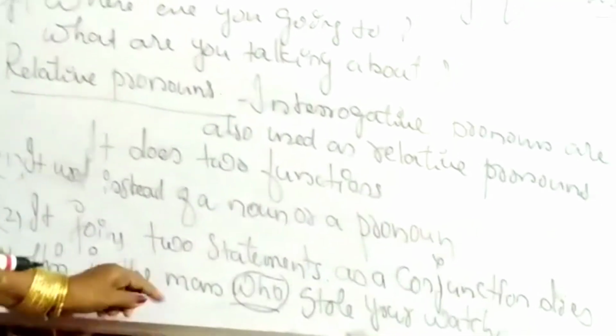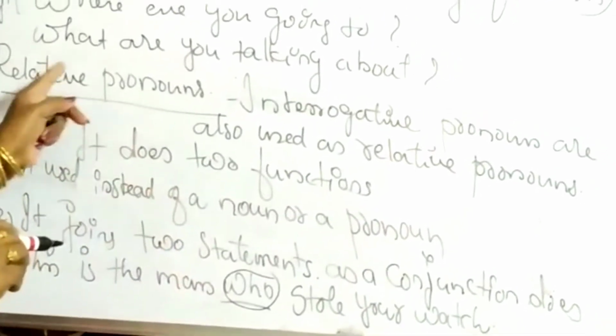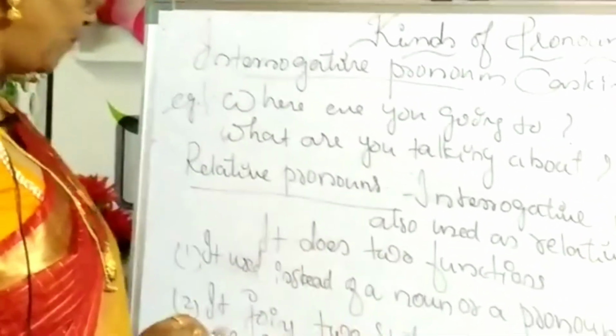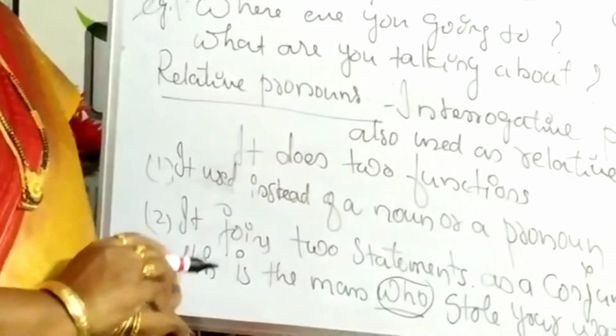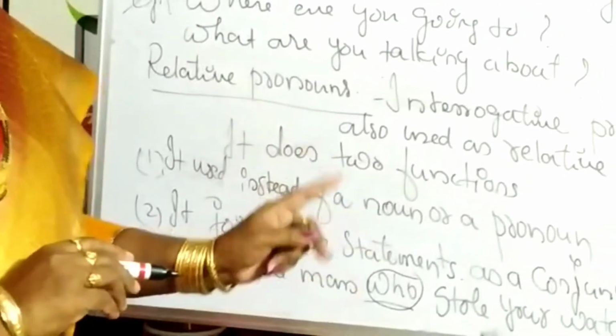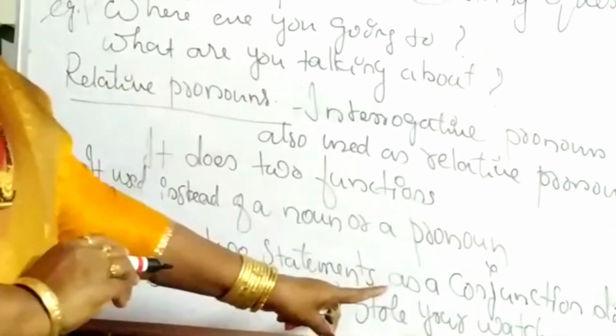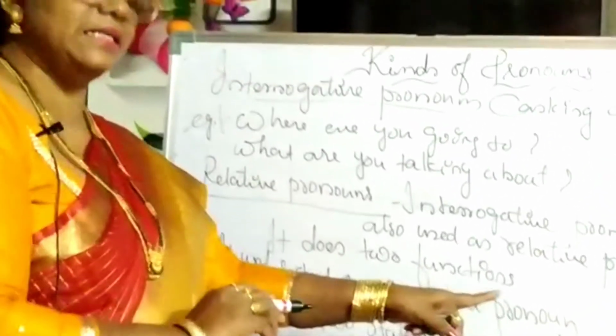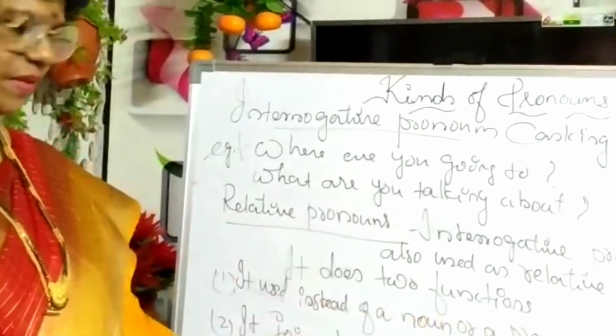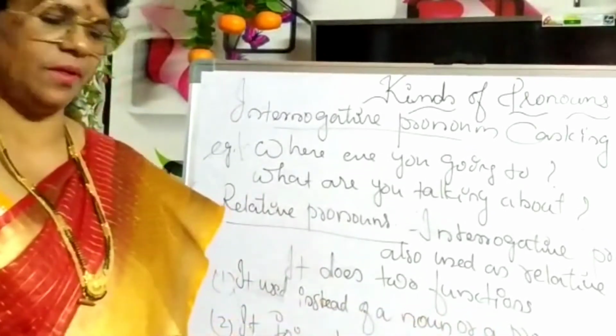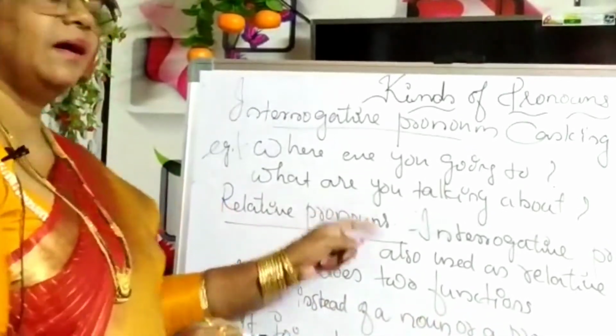That's why we say this is a relative pronoun. If it comes first, what must we have used? Interrogative pronoun. So in the middle of the sentence it is used to join two statements, and it does the work of a conjunction. That is why this is a relative pronoun.